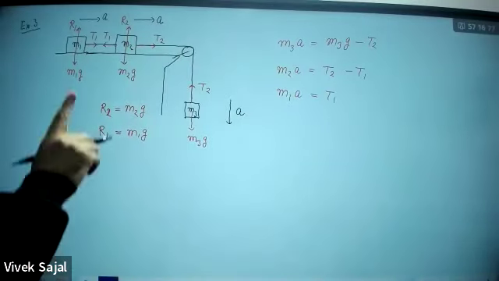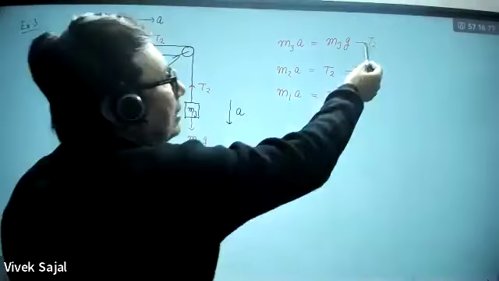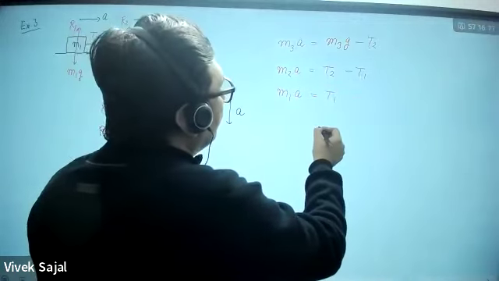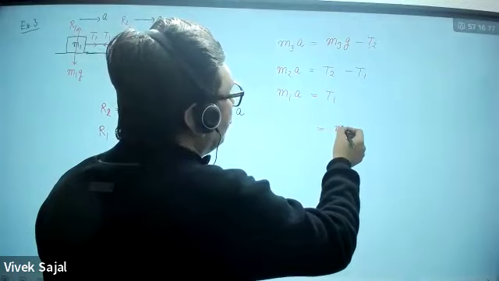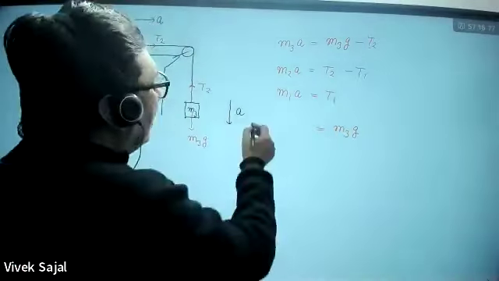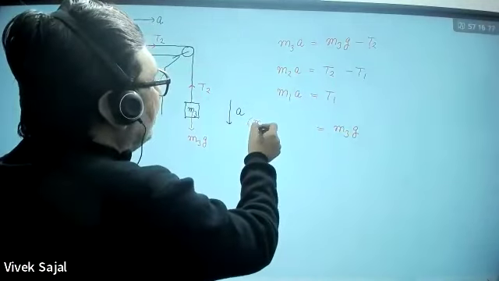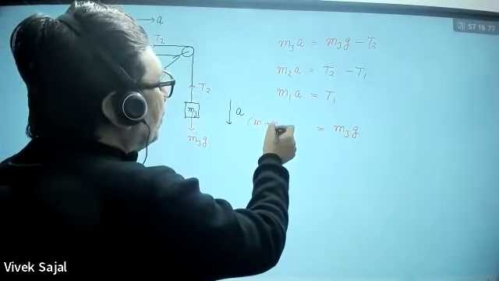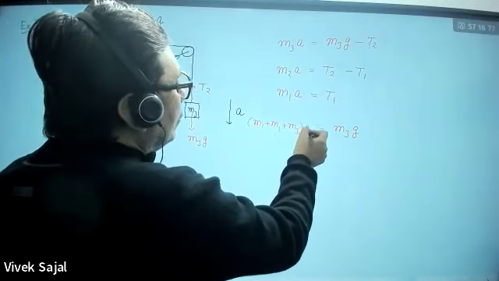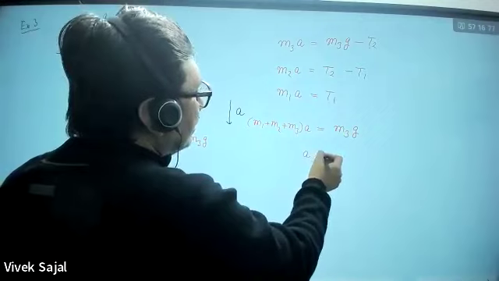If you add all the three equations, then T2 will cancel out, T1 will cancel out. On the right side, what you are going to have is M3G. On the left hand side, it will be (M1 plus M2 plus M3) into A. So what will be the net acceleration?